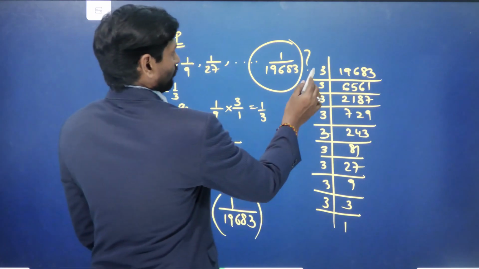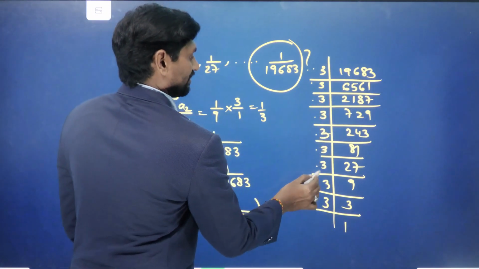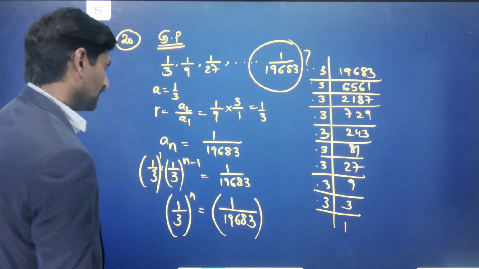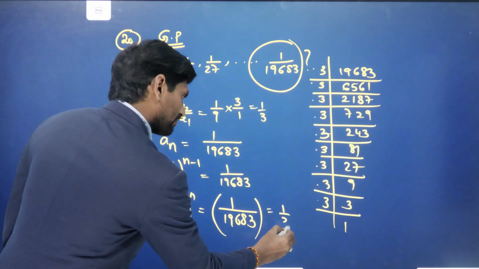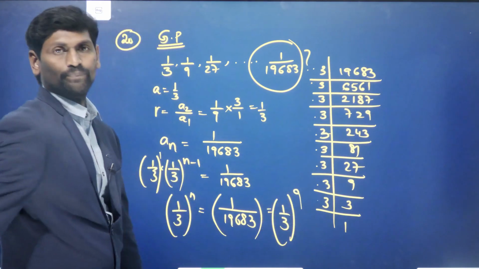That means 1, 2, 3, 4, 5, 6, 7, 8, 9. So we can write this as (1/3) whole to the power of 9.